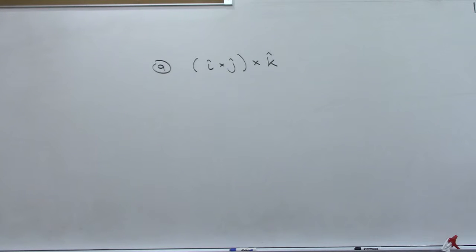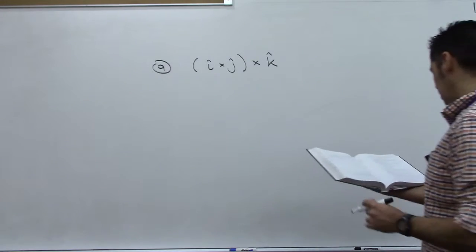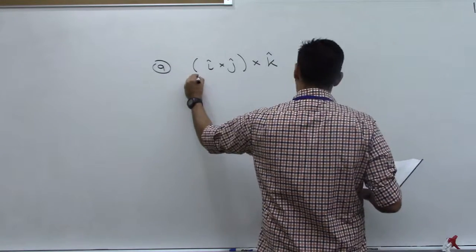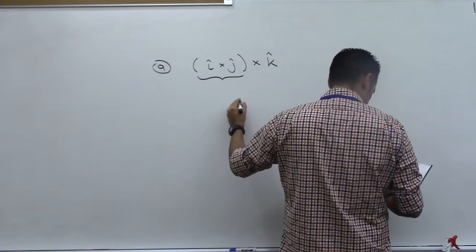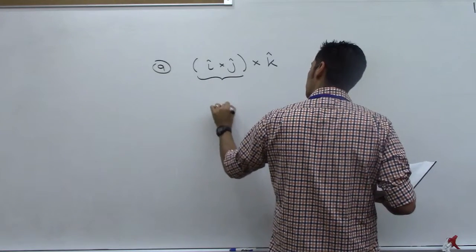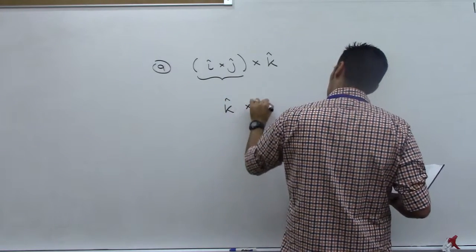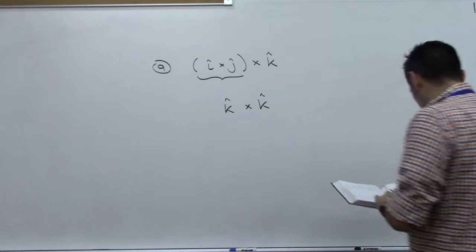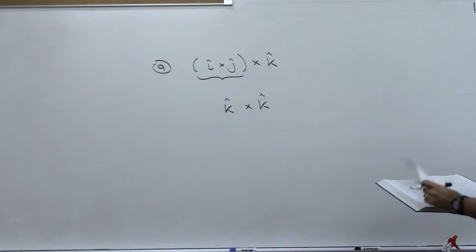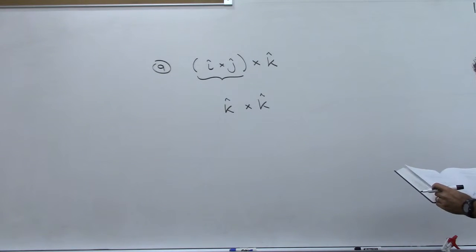So the properties are on page 561. So just using this right here on page 561, i cross j is equal to k. So you're crossing k with k.